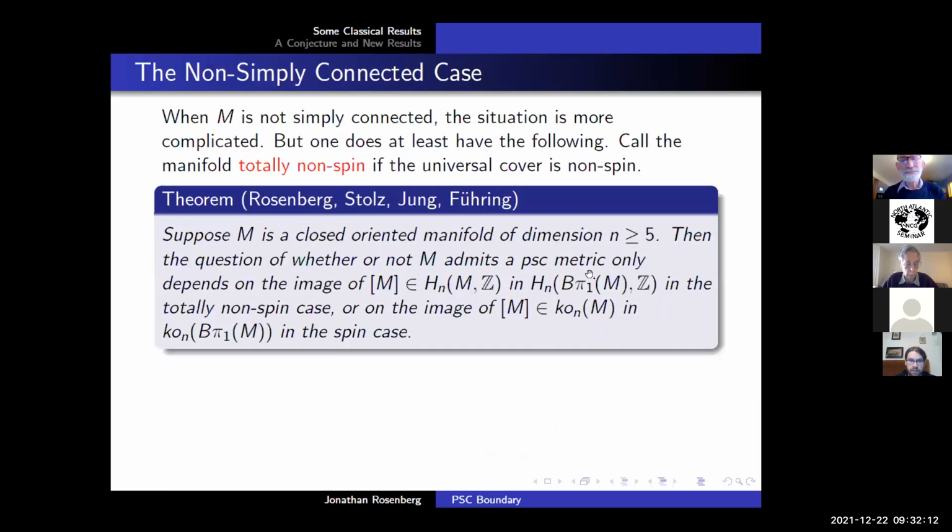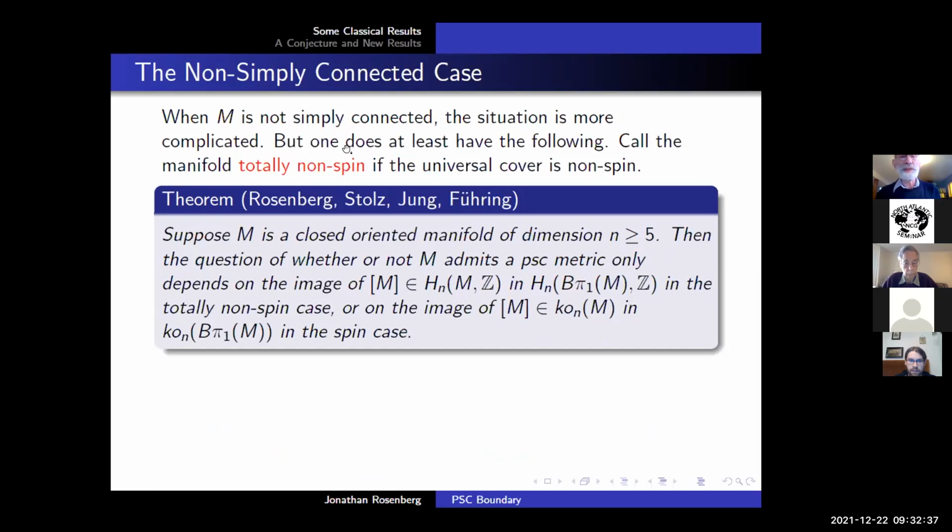All right, now, in a non-simply connected case, the situation is a lot more complicated. And one further complication is that if a manifold is not simply connected, it's possible that it's not spin, but that it has a spin cover. And that case turns out to be much more complicated.